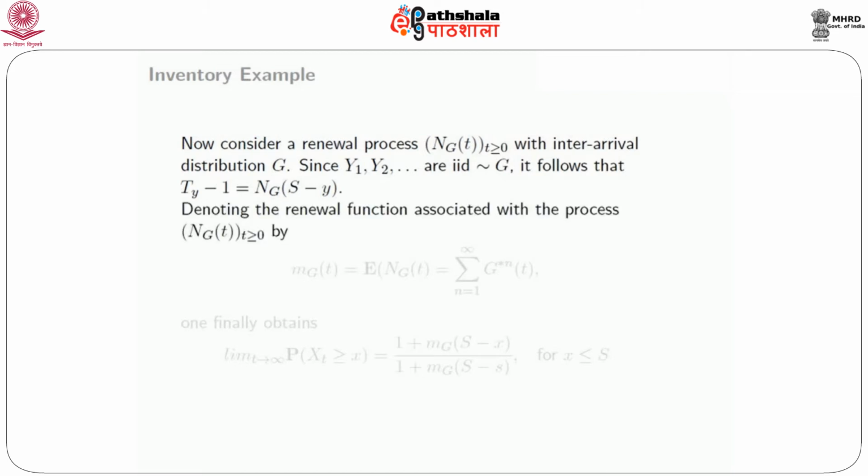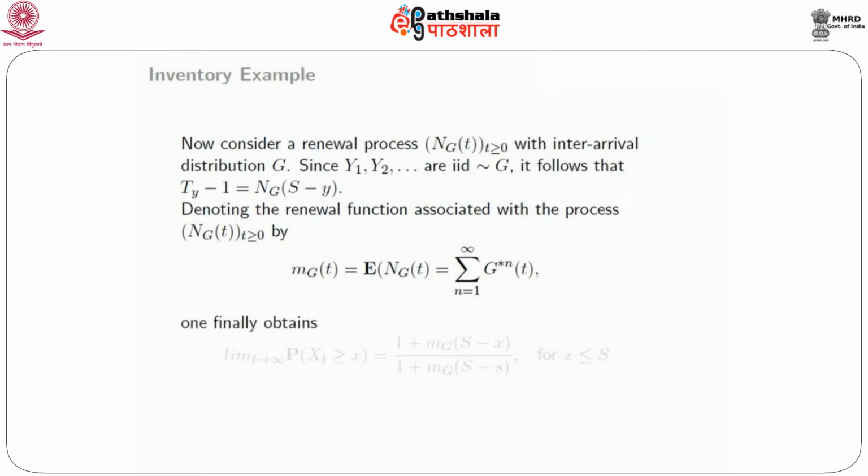Now, denoting the renewal function associated with the process N_G(t) by M_G(t), equal to the expectation of N_G(t), which of course is, as we already know, the sum over n equal to 1 to infinity of G star n of t. So here the distribution of the interarrivals for this renewal process is G, so this is the n-fold convolution of G.